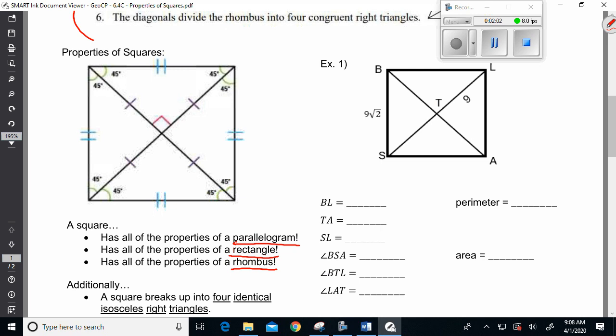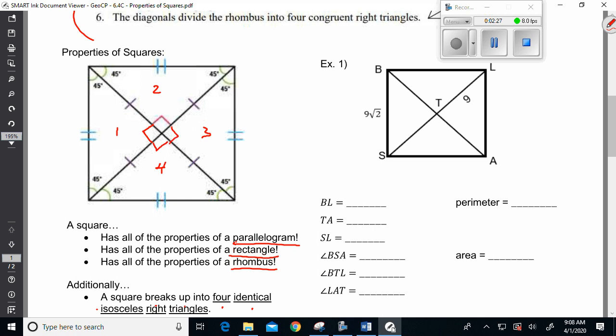The main additional part about it is that a square breaks up into 4 identical isosceles right triangles. In other words, you have 1, 2, 3, 4 triangles inside of a square. All of them are right triangles.